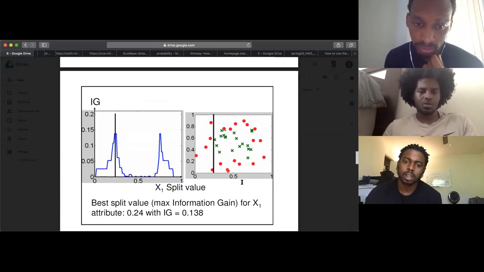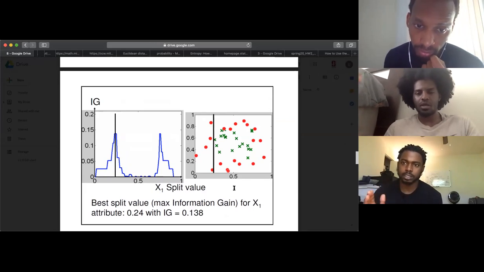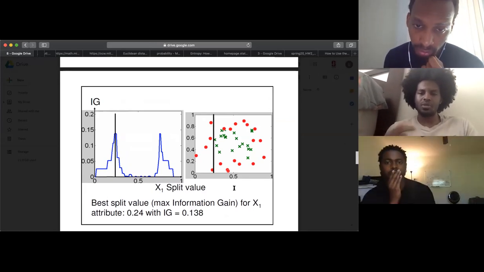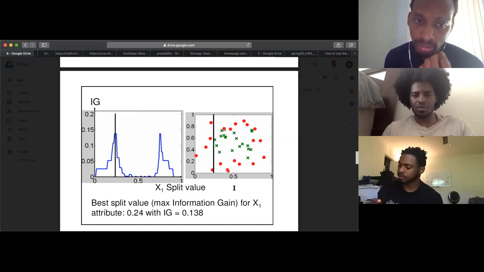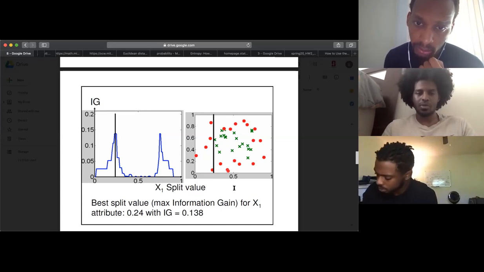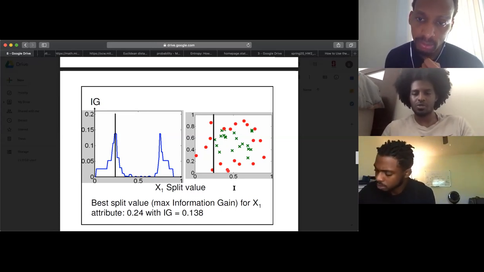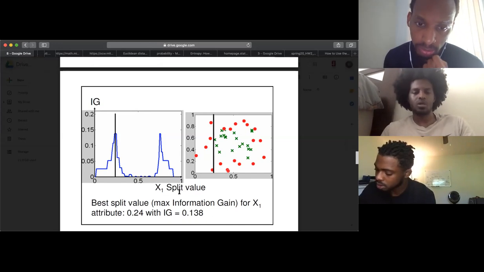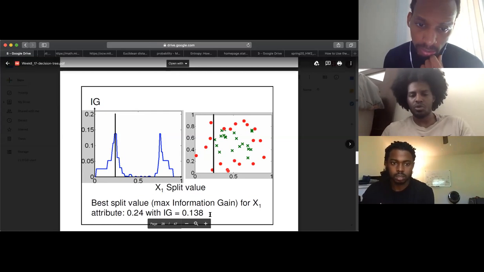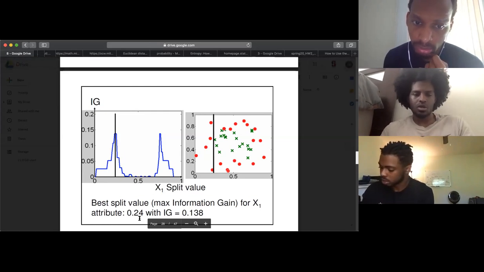Yeah, so you have to calculate the information gain. You're running through the example we just saw in the previous slides, where you have the total entropy of your system, and you'll need to calculate the conditional entropy for splitting across x1 versus splitting across x2. And this is describing that, sure, if you were to select x1, then you do the math, you will have an information gain of 0.13, and the location at which you want to split the probability should be 0.24.